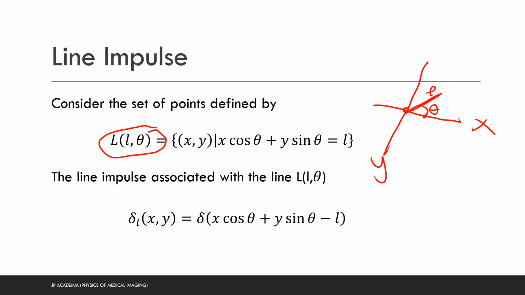Then we can define your line impulse as this. Your line impulse is somewhere here. So that is your delta L as a function of x and y.